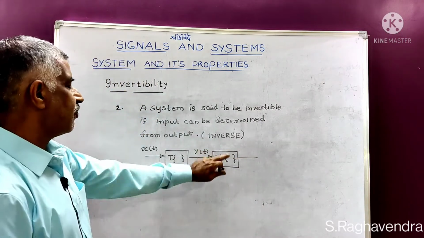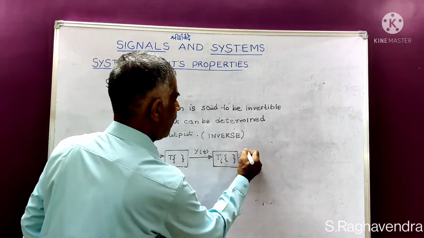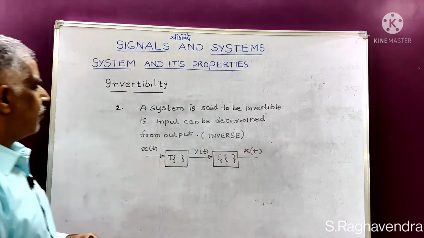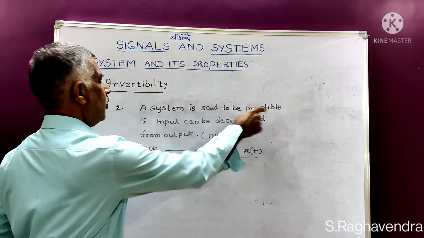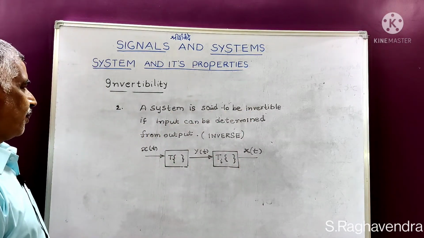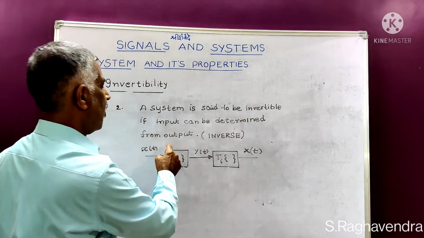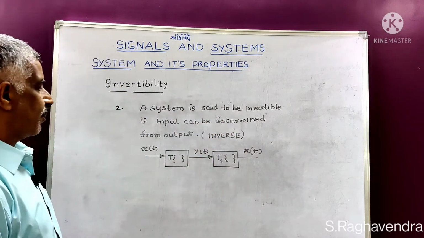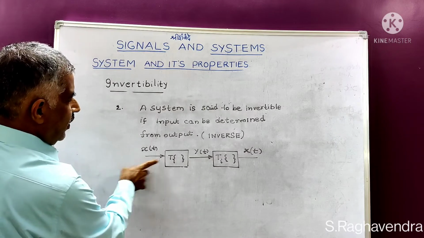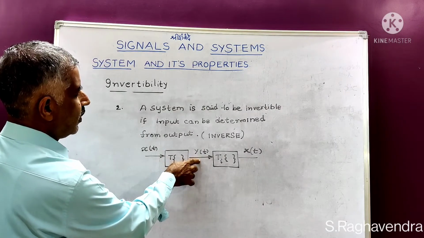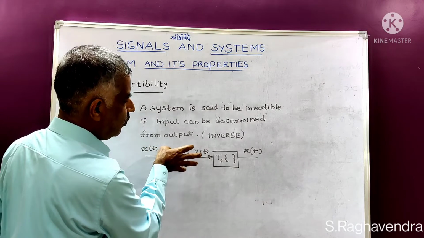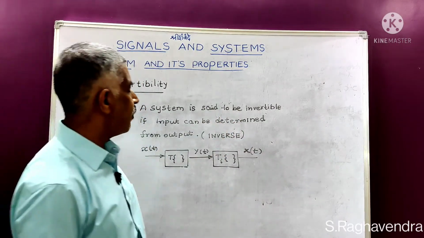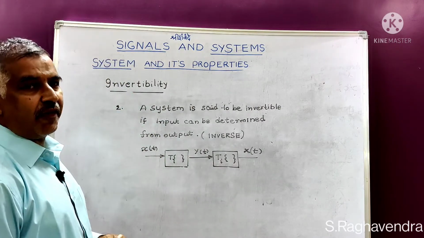With the inverse transformation on the signal, you can recover the input. A system is said to be invertible if input can be determined from output using the inverse of the system. So x of t, y of t is produced here. On feeding this y of t to the inverse of the system, you can recover the input x of t. So this is another definition.